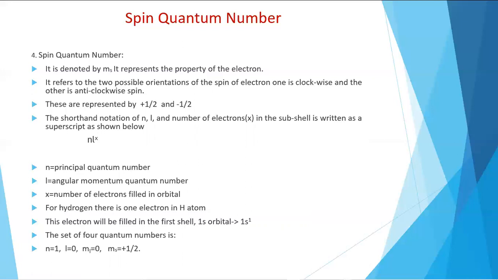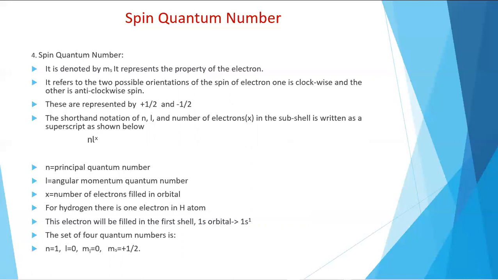This 1s1 electron configuration is related to hydrogen, and the set of 4 quantum numbers is n equal to 1, that is the first shell, L equal to 0, that is the s orbital, and ml equal to 0. Only one orbital is there, so the ml value will be 0, and ms is equal to plus half, the notation for clockwise.